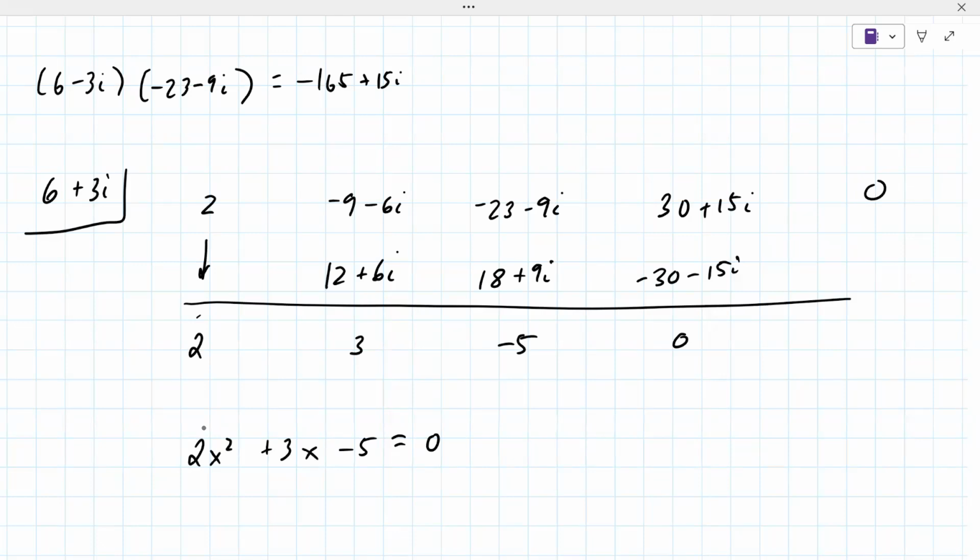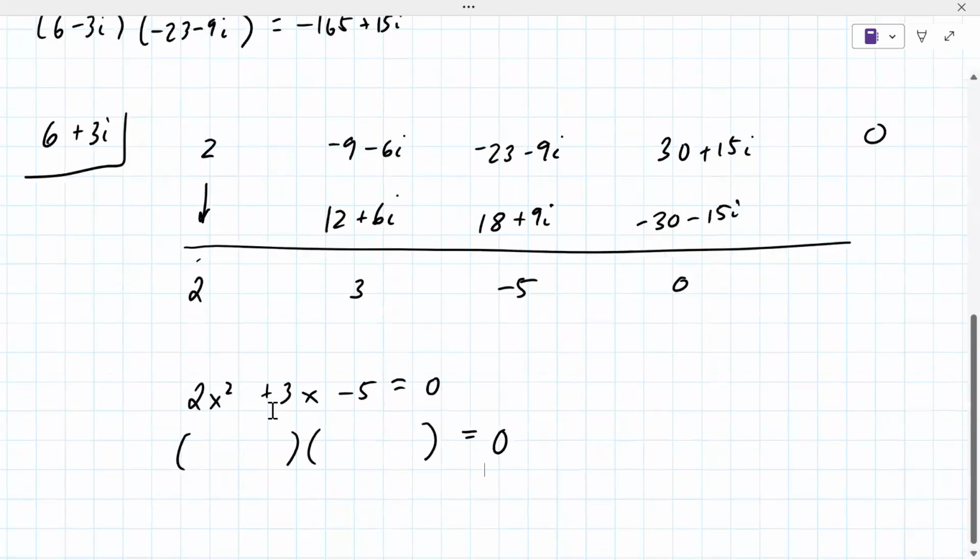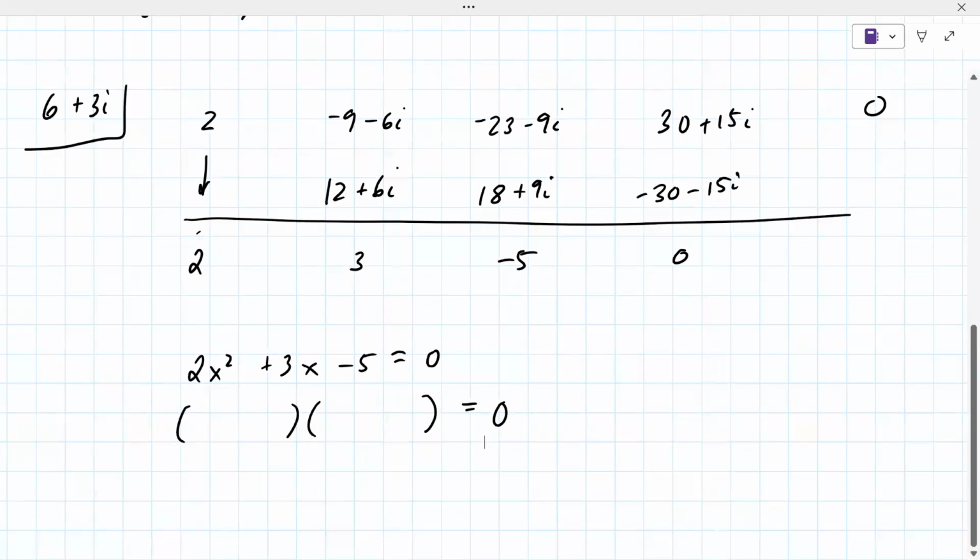And then you have some options here. You can try factoring. That's usually the preferred option. All right, so then you would, go ahead and try factoring this for us.